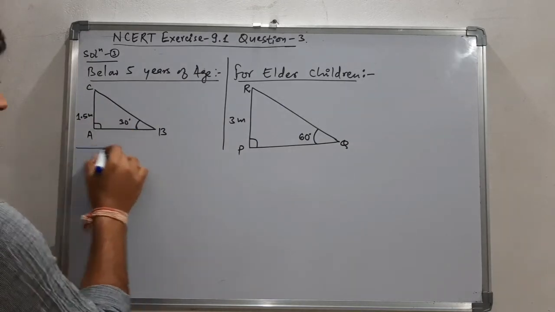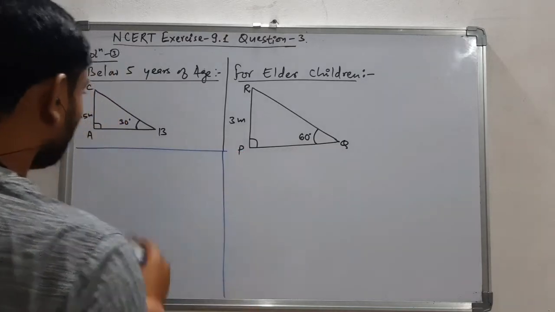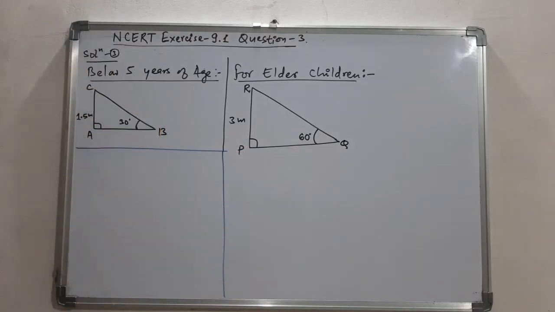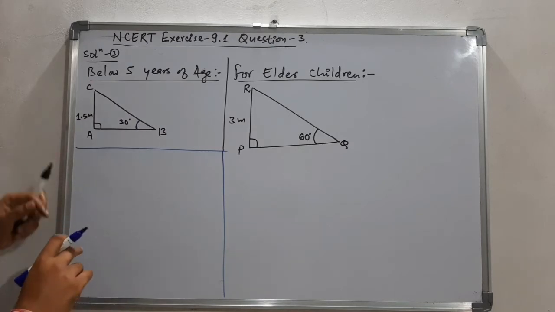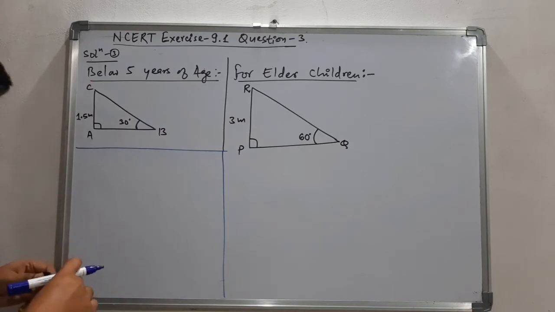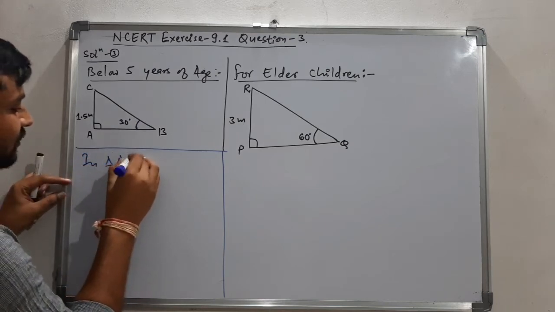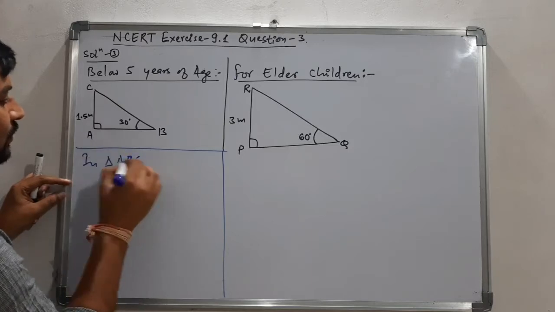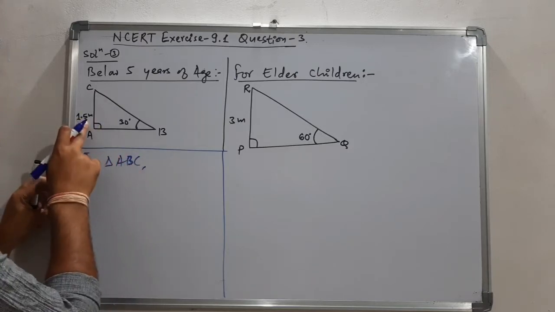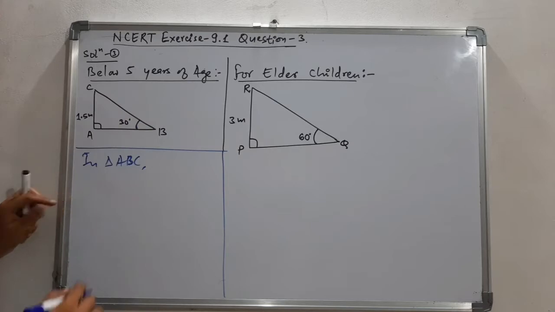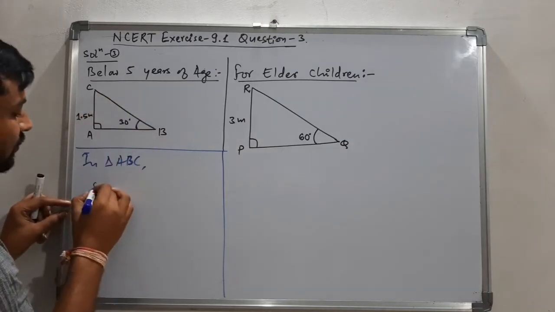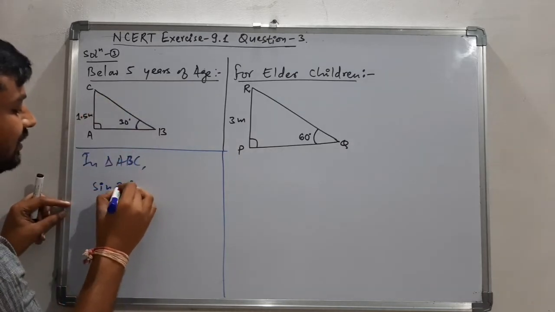So here clearly the case is very simple. Here we have to find the hypotenuse. If we consider the angles 30 degree and 60 degree, we have the height. So clearly in triangle ABC, for the first case, we have to use perpendicular upon hypotenuse. Hypotenuse is unknown, so we'll be using sine 30 degree.